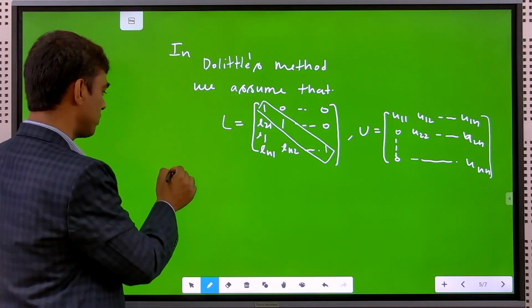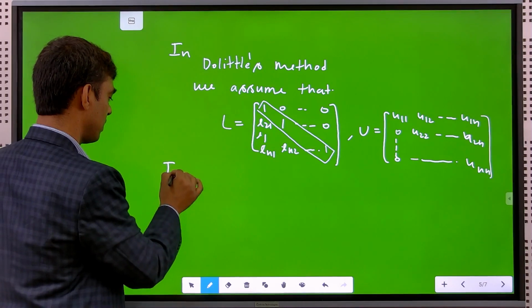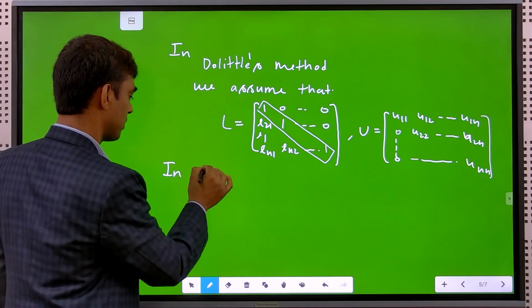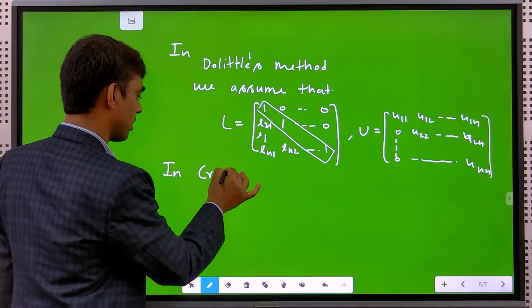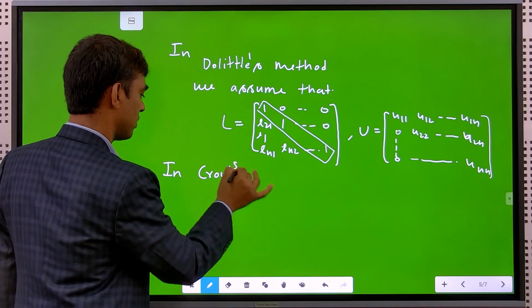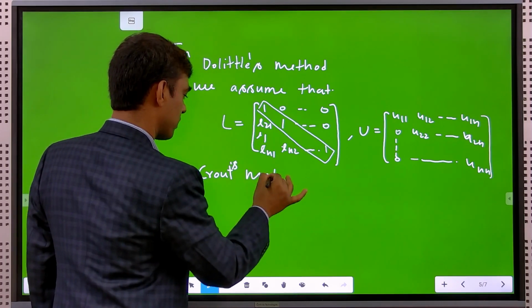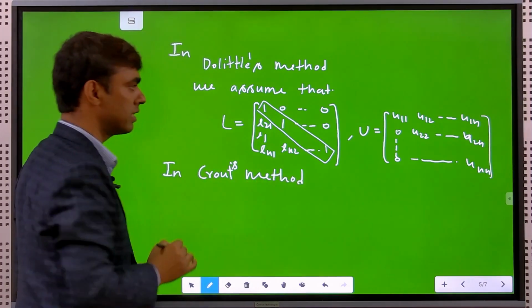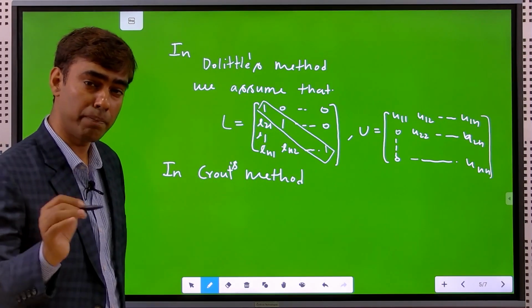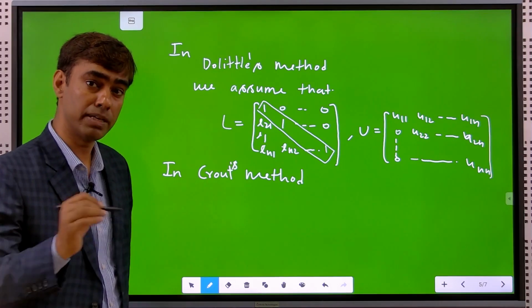And in Crout's method, the diagonal elements of the upper triangular matrix become 1.